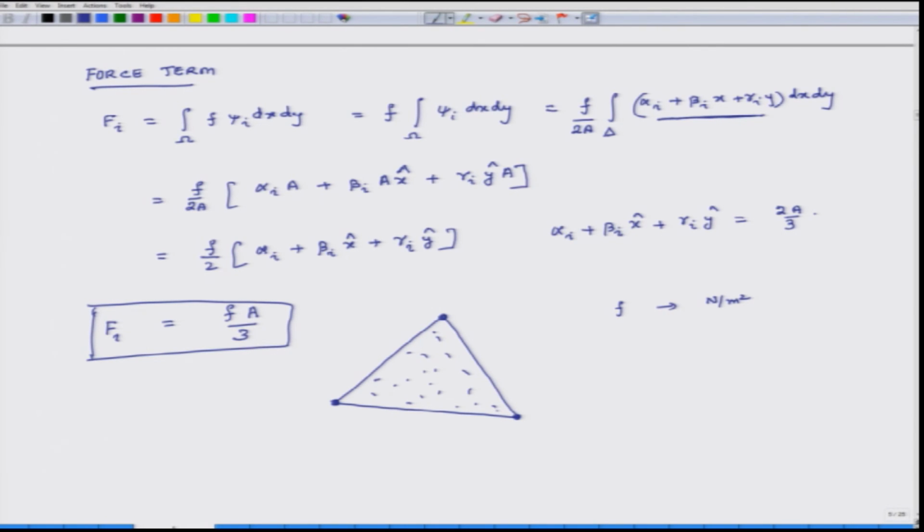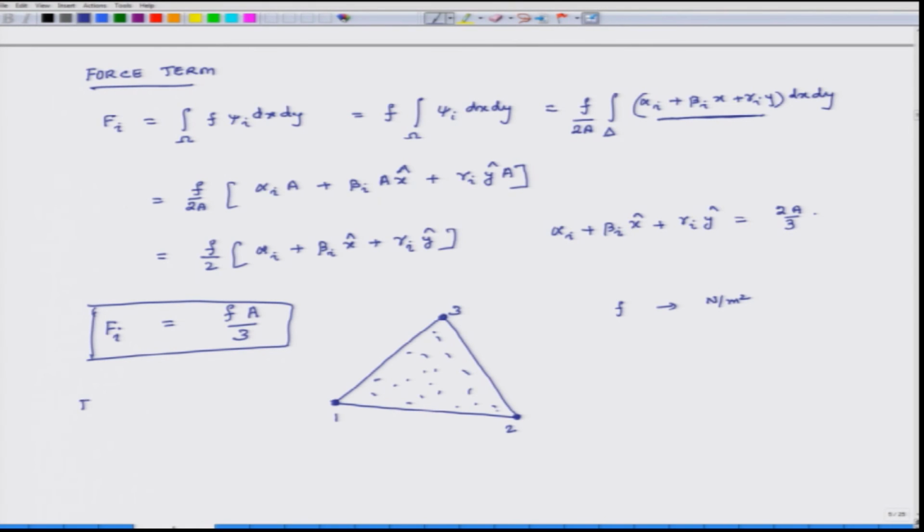So, then the total force exerted upon the triangle will be f times A, right? And there are 3 nodes, 1, 2 and 3. So, for the ith node, the total force exerted on it will be 1/3 of that total force. Do you understand that?